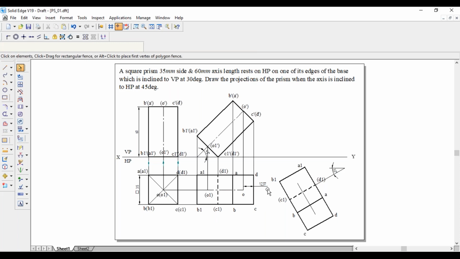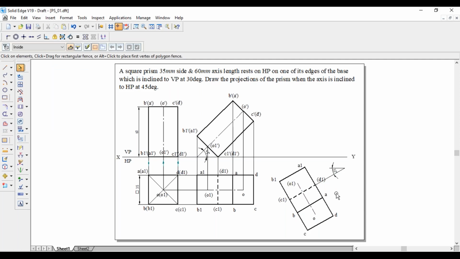So this is O. This one is O1. Same way how it is there, the same way we have to draw here. So this is axis line, chain.